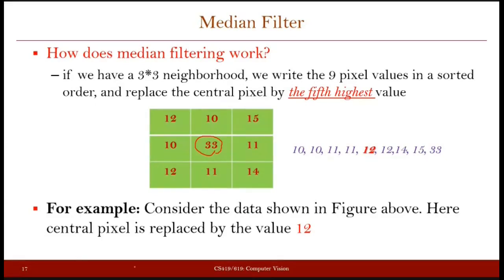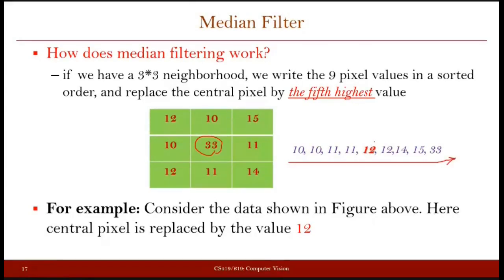In case of the median filter, we will consider all these intensities and compute the median of those values. How do we compute the median? Whatever values we have, we arrange them in ascending or descending order, and then the central value in that order defines the median value. For example, here you have these 9 values, and when you arrange them in ascending order, you find this order.